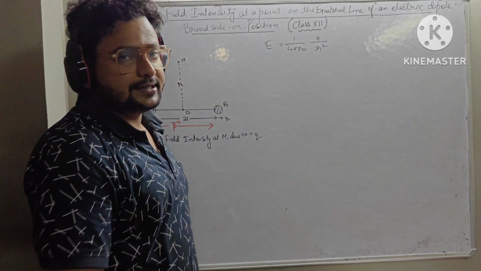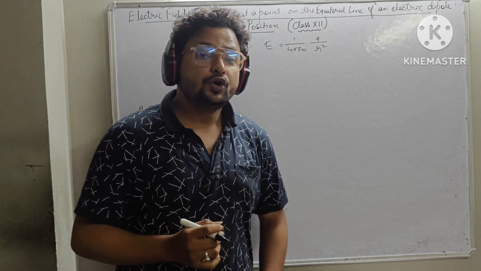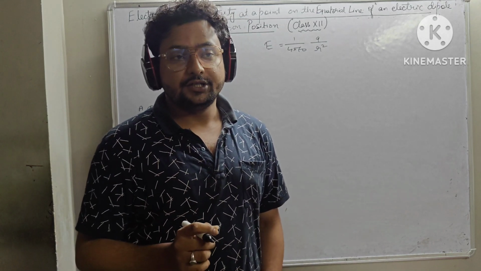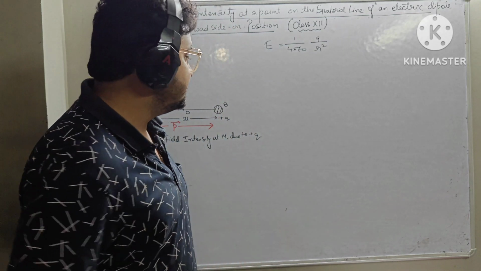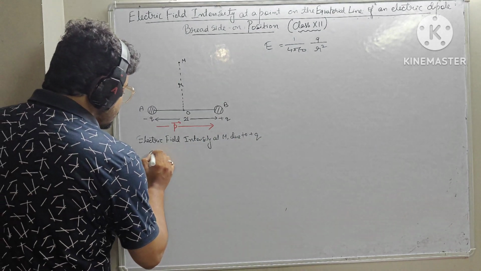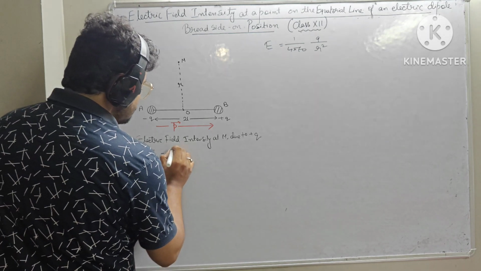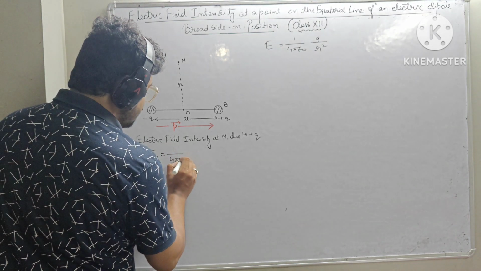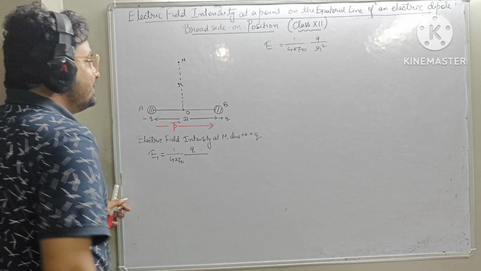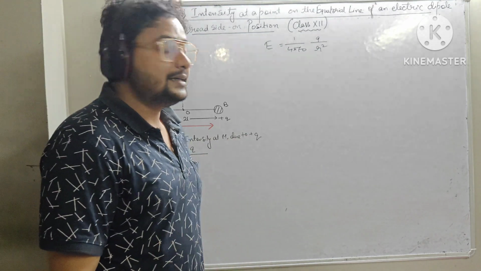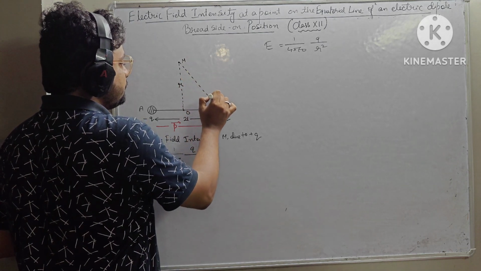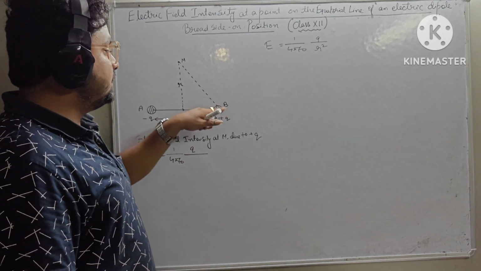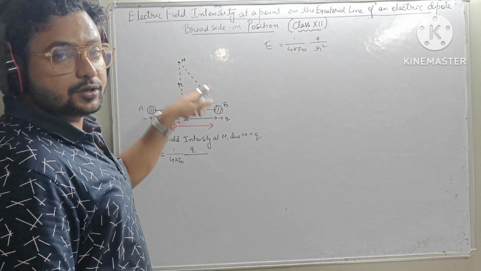Here r is the distance from that particular charge to the point where we need to find the electric field intensity. So E1 is 1 by 4 pi epsilon naught q divided by the distance. Which distance is it? This distance, from B to M.